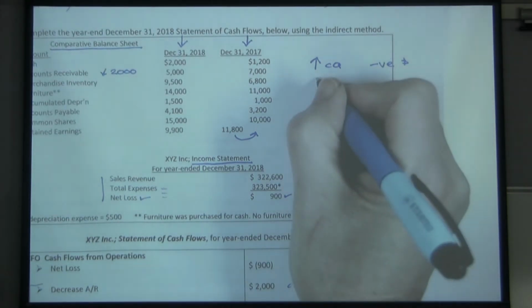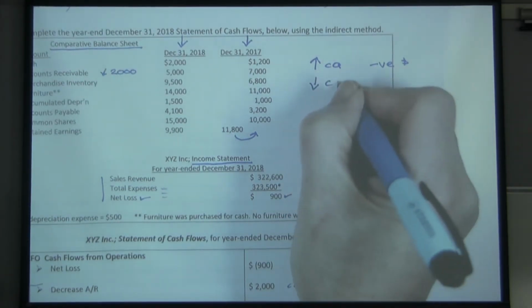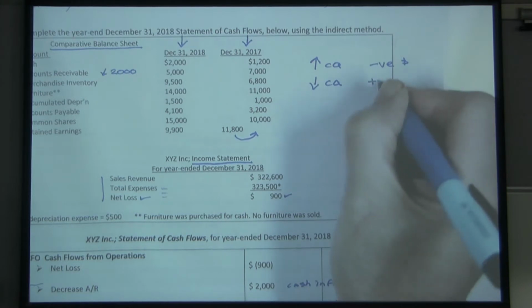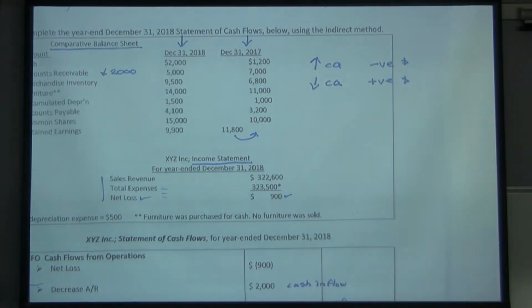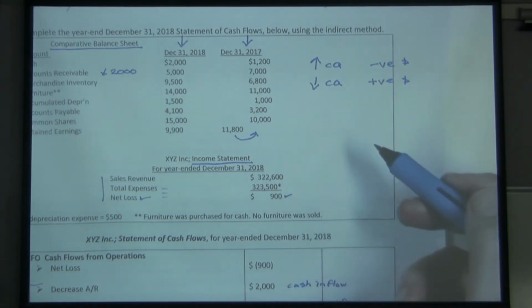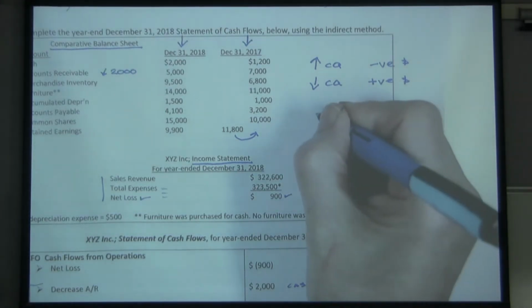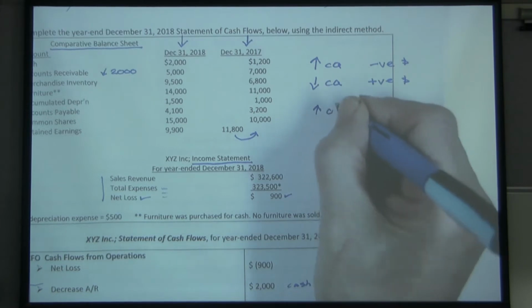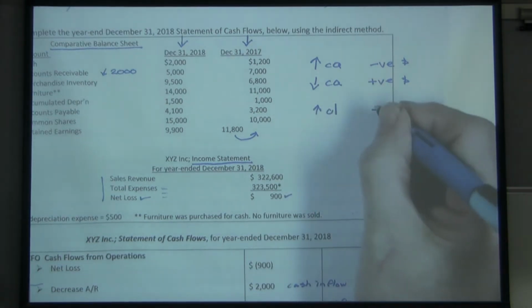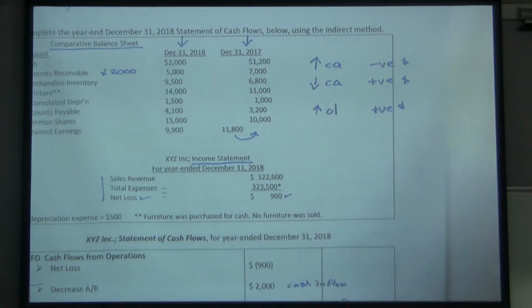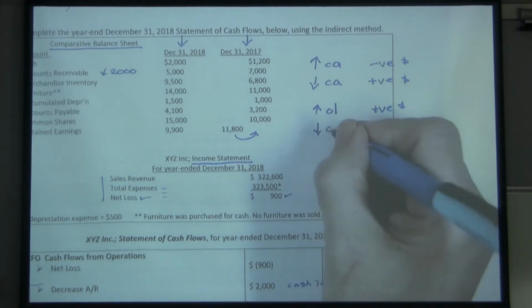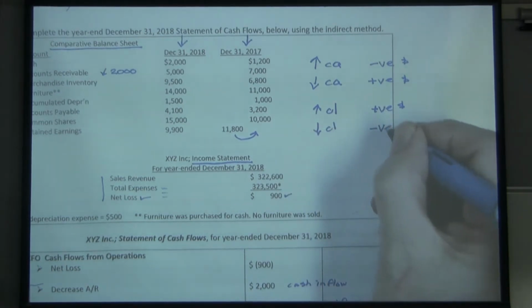When we have a decrease in any current asset, it's a positive cash flow. And the opposite is true with our current liabilities. When we have an increase in a current liability, it's a positive cash flow.